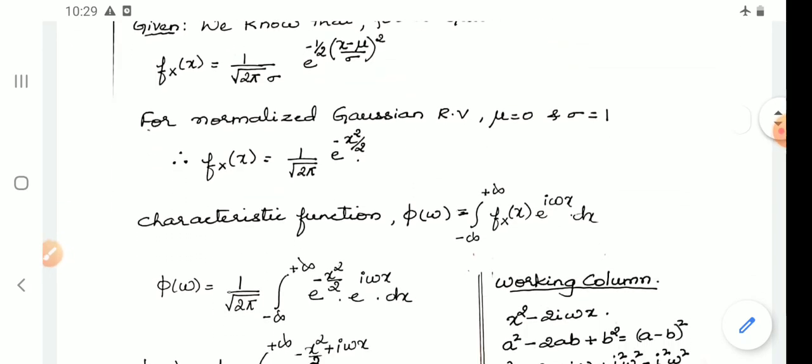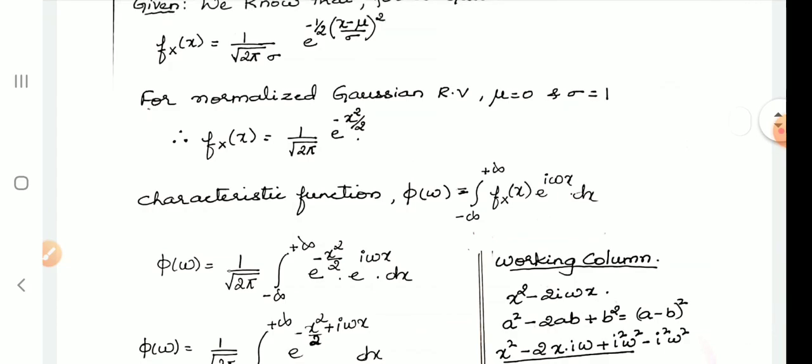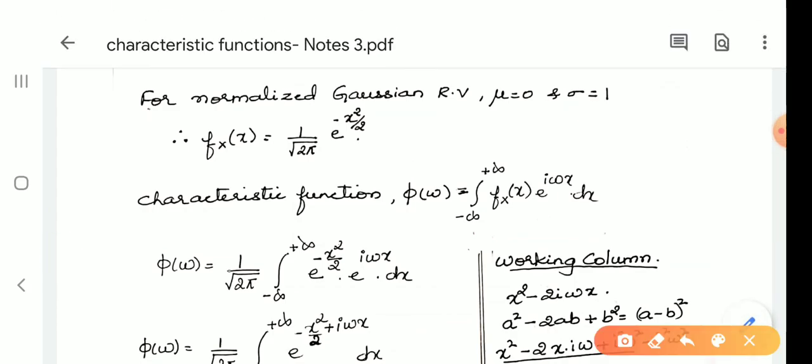To find the characteristic function, let us take the formula for phi of omega, which is integral from minus infinity to plus infinity fX(x) into e power j omega x dx. In this, let us put the value of fX(x).